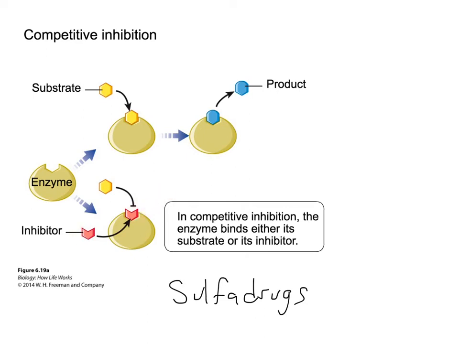It doesn't bind here permanently, and so if you have a high concentration of inhibitor, you can saturate the enzyme and prevent the substrate from being made into product. If your concentration of inhibitor is too low, all you will do is slow down this reaction. Okay, so that's competitive inhibition that occurs right at the active site.